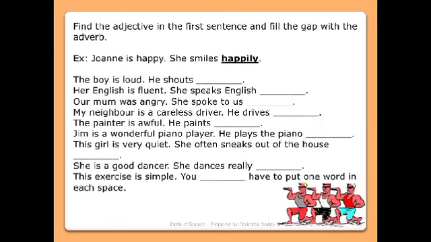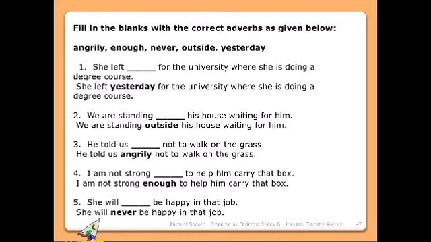Find the adverb in the first sentence and fill the gap. John is happy. She smiles happily. Now look at these blanks and put in suitable adverbs. Fill in the blanks with the correct adverbs as given below: angrily, enough, never, outside, yesterday.